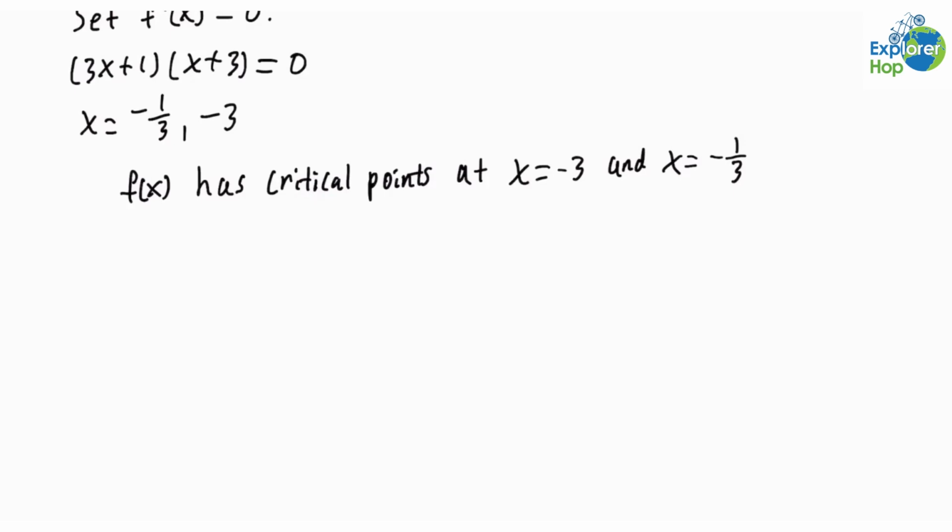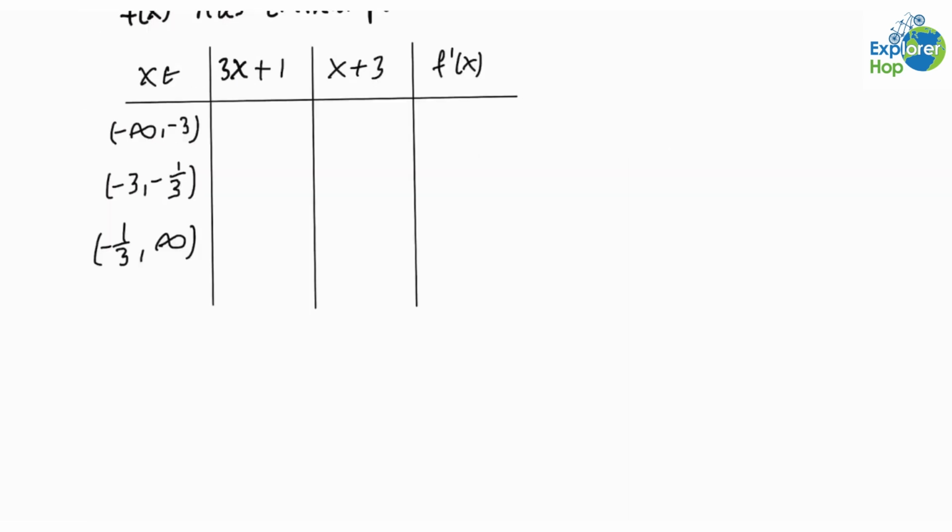Now, from the critical points of this function, we can set up a table in order to determine the intervals where the derivative of f of x is positive or negative, because that will indicate whether f of x is increasing or decreasing. So let's construct a table. Here is what the table looks like.